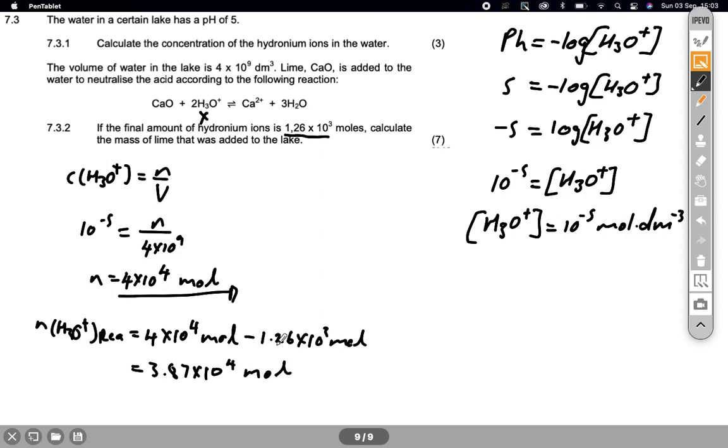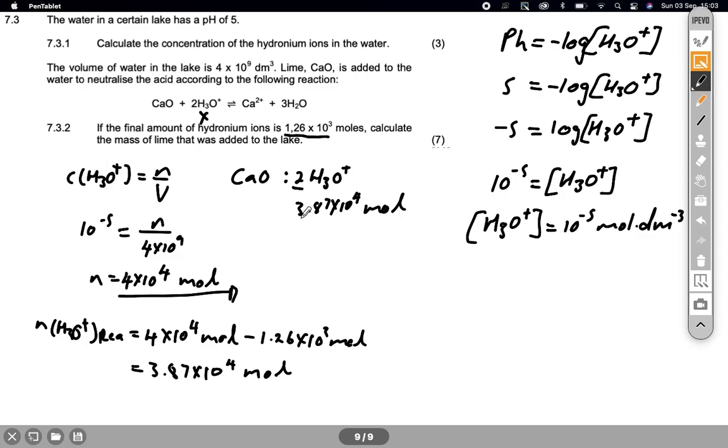Okay, now we can look at our ratio, which is occurring between calcium oxide and the hydronium ions. Because now we have 3.87 times 10 to the power 4 moles this side. And from our ratio, we can see that whatever calcium oxide is, the hydronium ions should be 2 times that.